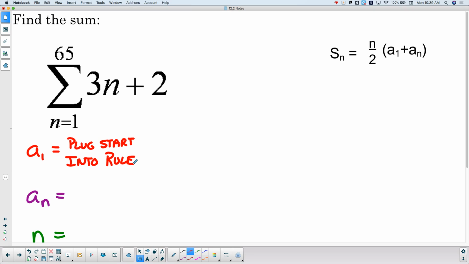So in this case, I'm going to plug 1 into my rule. So that gives me 3 times 1 plus 2. 3 times 1 is 3, plus 2 is 5. So my first term is 5.